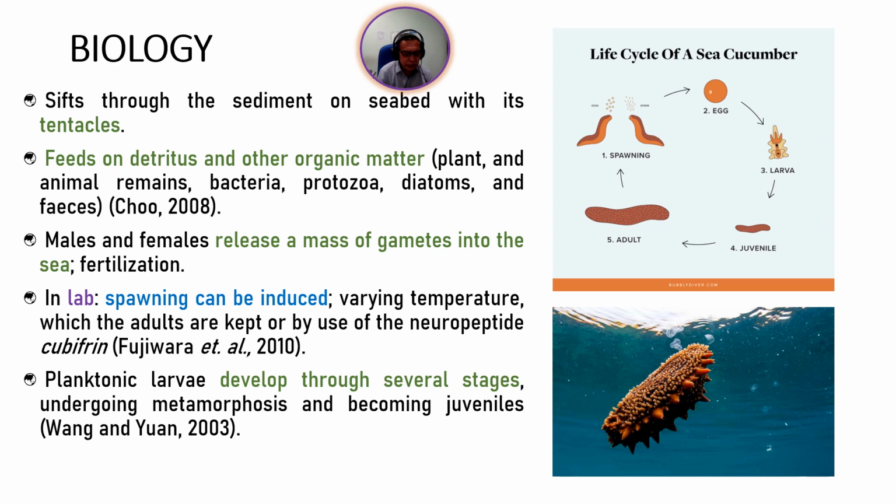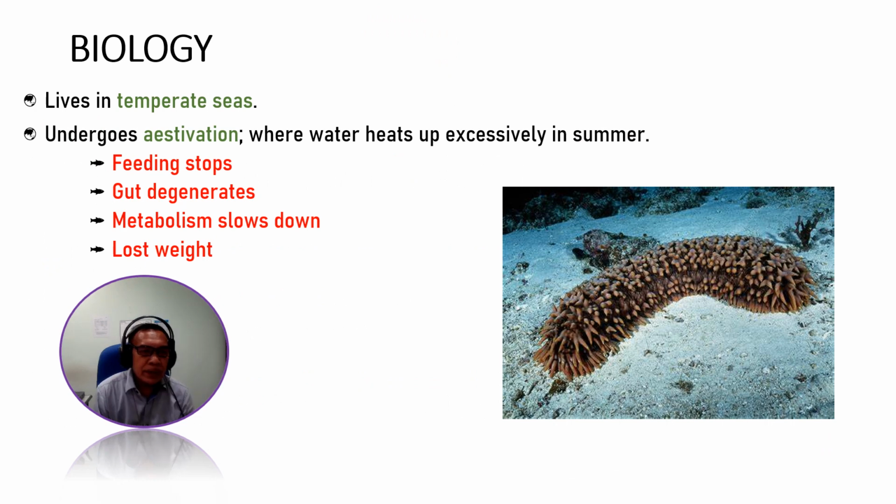The planktonic larvae will develop through several stages, undergoing metamorphosis and becoming juveniles. They live in temperate seas.